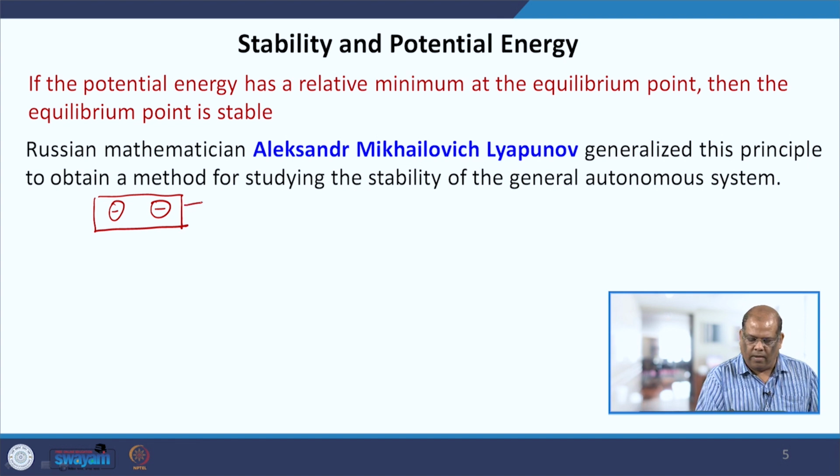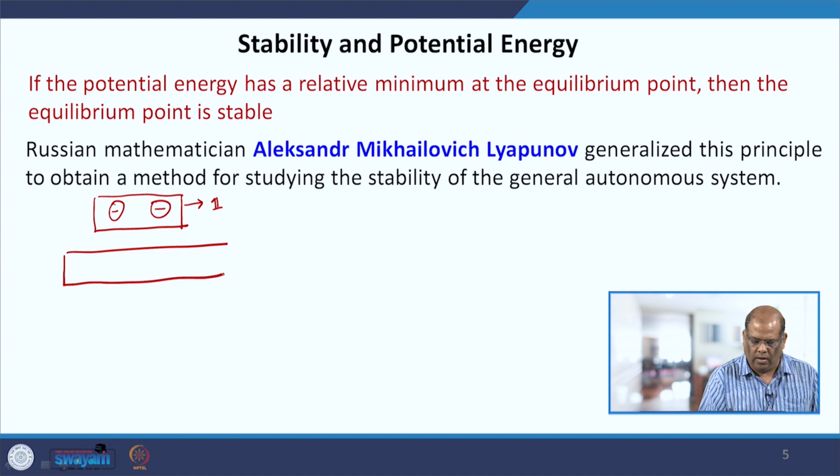This is my setup 1. Then after some time, I move it here, and since they are both negative, obviously they will move apart. So, this is my second setup, call this setup 2.